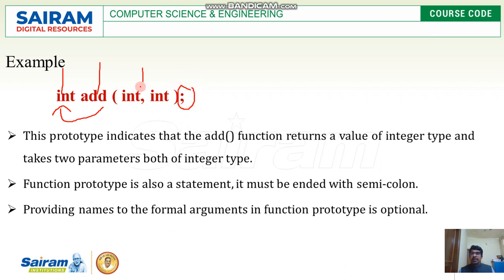The names for these are formal arguments, and giving names for these formal arguments is not mandatory. This is optional, but you have to give the type. What kind of argument is your formal argument, and how many are there? This data you need to provide.